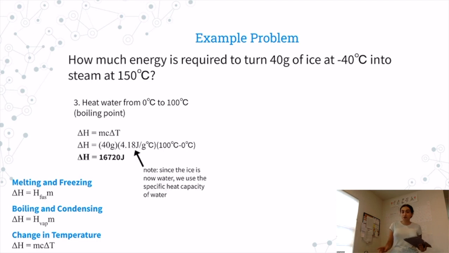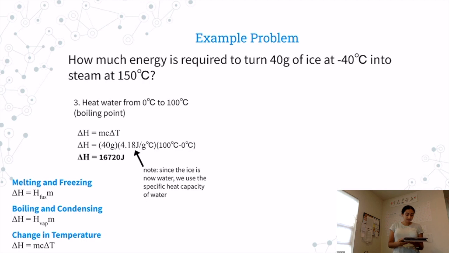That is something to note, that the specific heat capacity changes depending on the phase, because in different phases, it's going to require different amounts of energy to raise 1 gram of the substance 1 degree Celsius in temperature. When we multiply those numbers out, we get 16,720 joules.